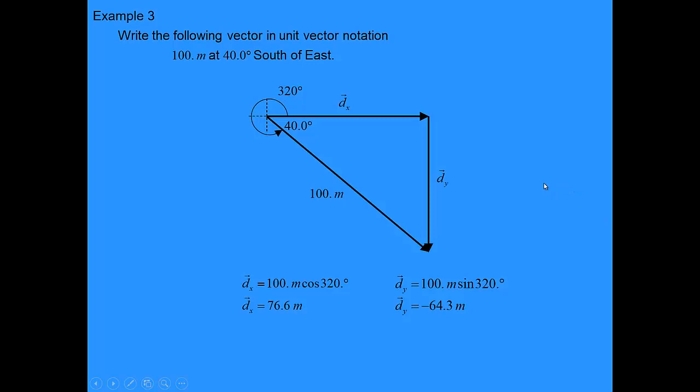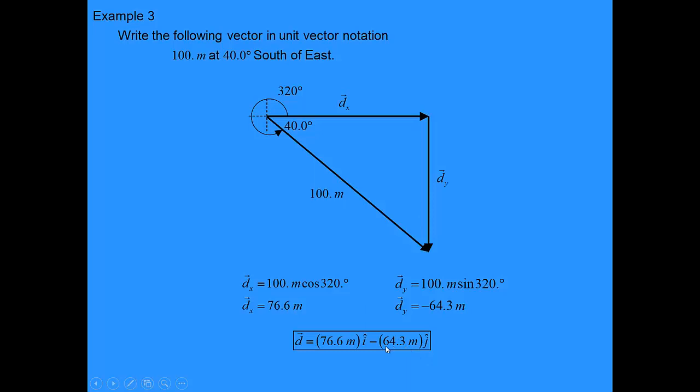So we could write it like that. Notice how I've grouped things. The units on the 76.6 go with the number. They're part of the coefficient, part of the scalar component. And then the parentheses and i cap, then minus 64.3 meters. Again, that goes together in parentheses, j cap.